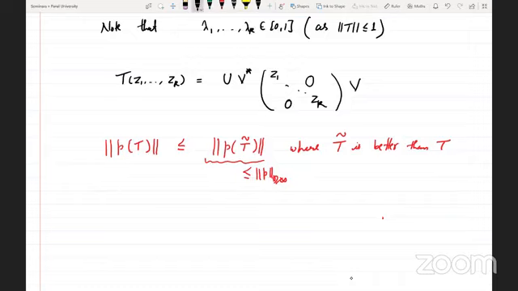Now, if you look at P of this thing, this is again a K by K matrix depending on Z1, Z2, up to Zk. This is where I will skip some details because it might be boring for you.